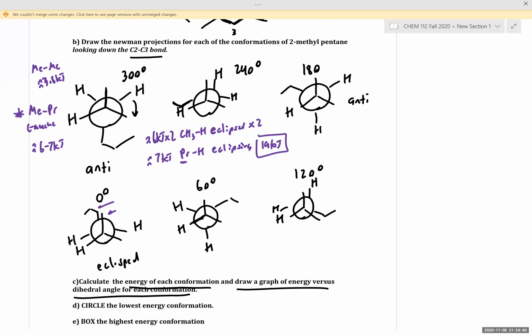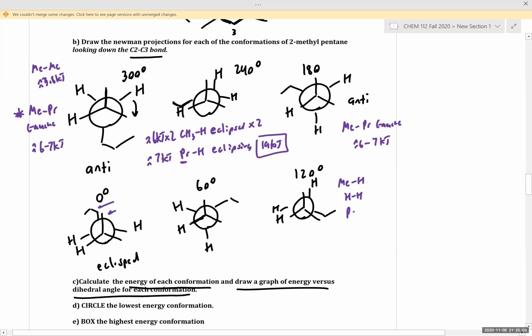Okay. Let's look at our next anti-conformation. In this case, we have a methyl-propyl gauche interaction, which we already established was around 6 to 7 kilojoules, right? Looking at our 120-degree structure, we have a methyl hydrogen, a hydrogen-hydrogen, and a propyl-methyl eclipsing interaction. So let's tally it up.